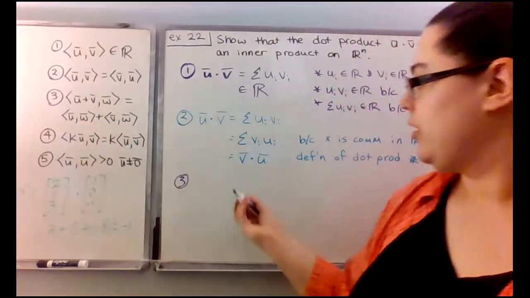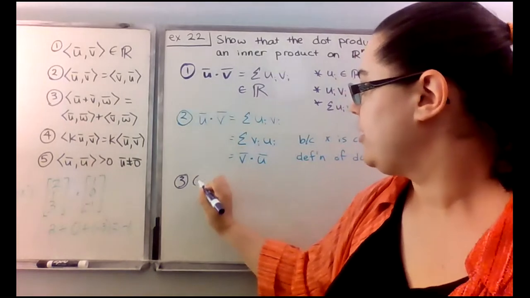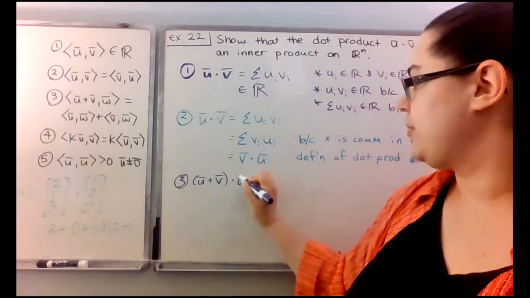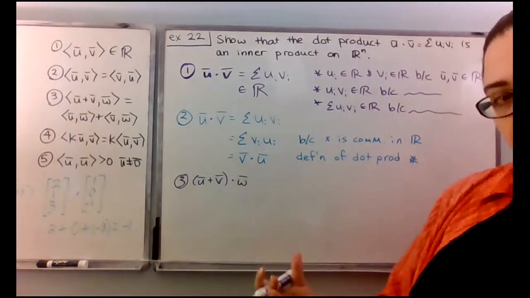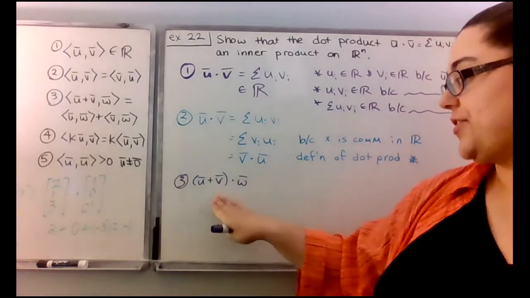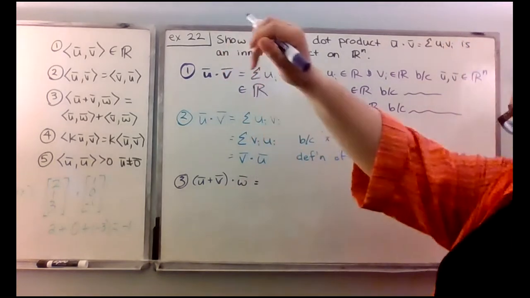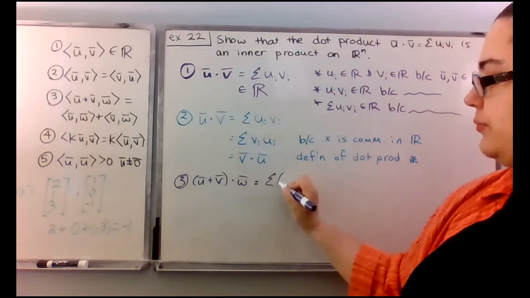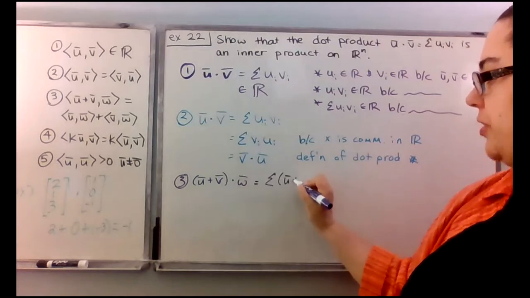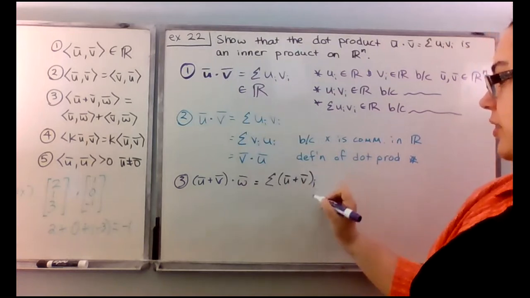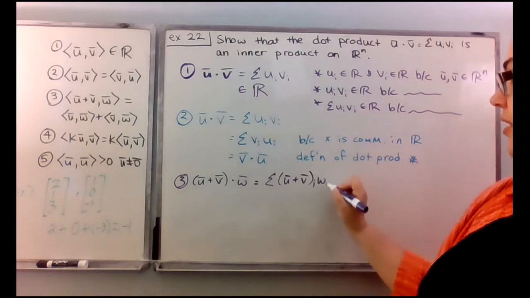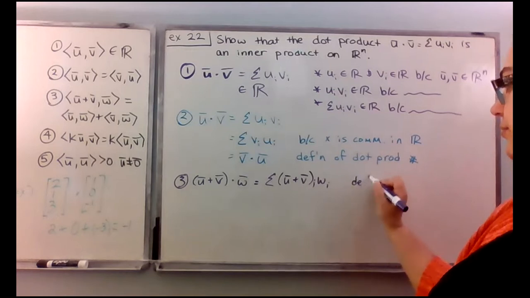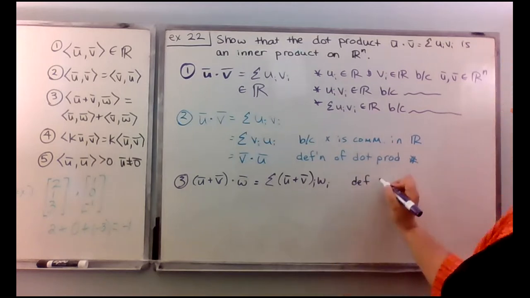So we're going to start out by saying if I have u plus v and I dot that with w, let's apply our definition of the dot product on this expression. So that's going to be the sum of the ith element of u plus v times the ith element of w. And that's just by our definition of dot product.